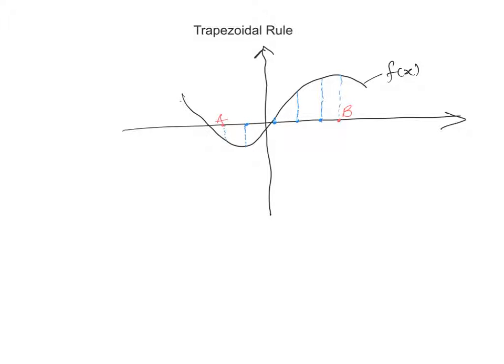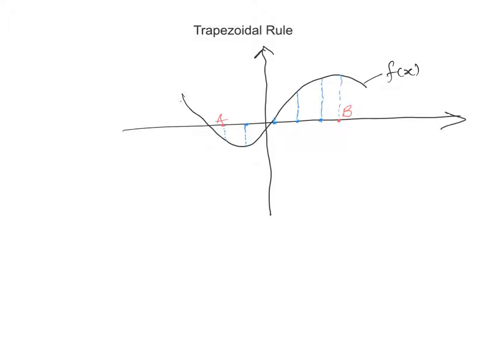Let us suppose we partition AB into a certain number of subdivisions, say 1, 2, 3, 4, 5, 6, 5 in this case. These points that subdivide the interval a to b are equispaced.